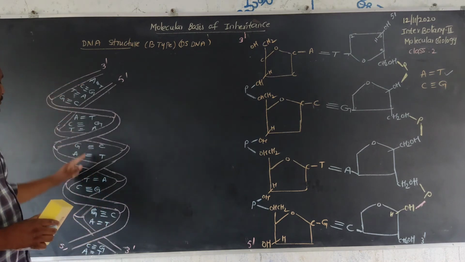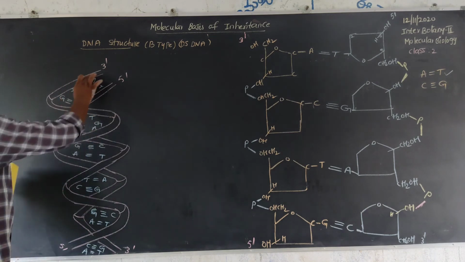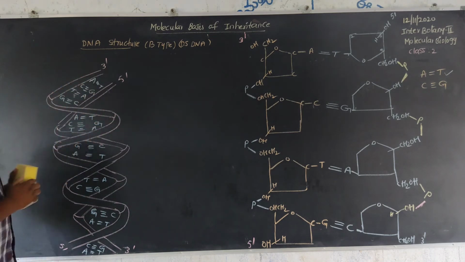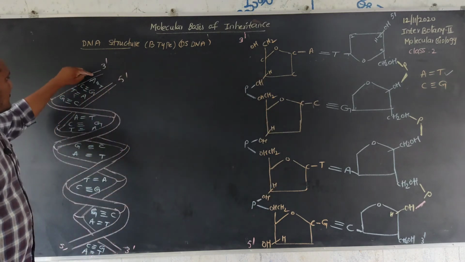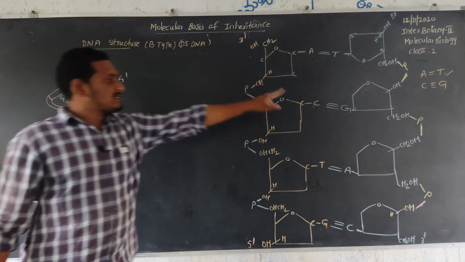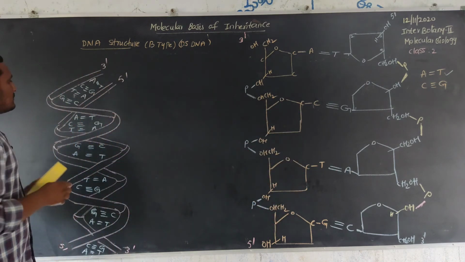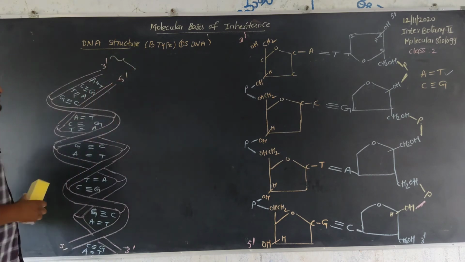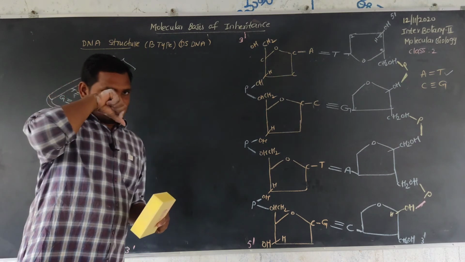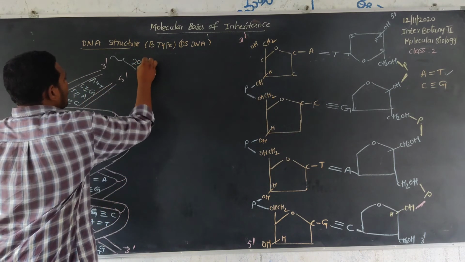Nucleotides are joined together in this helix. In this part nucleotides are present, and the nitrogen bases are present in this part. The length between these two strands is 20 angstroms.